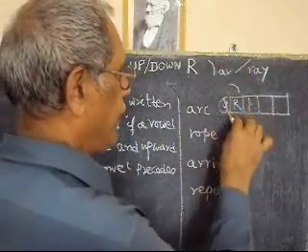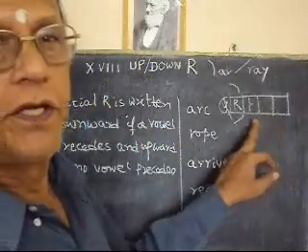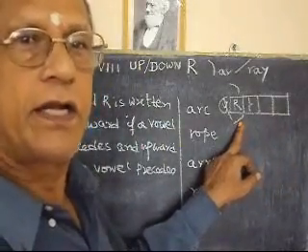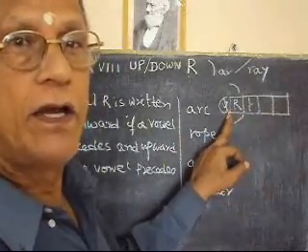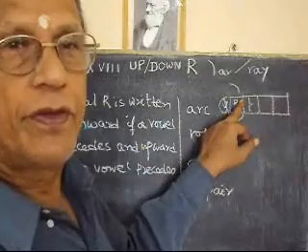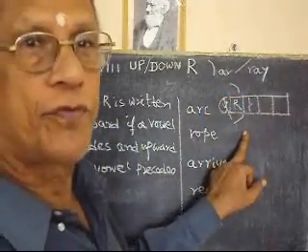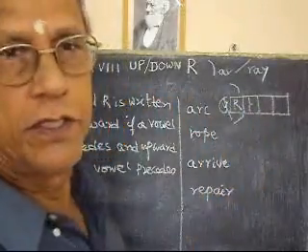If there is no vowel, use the upward form, that is ray. Okay, that is the principle.